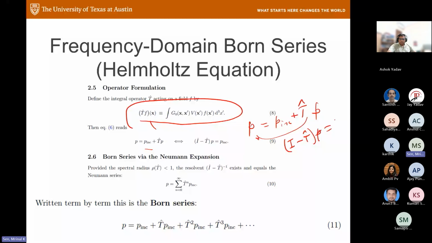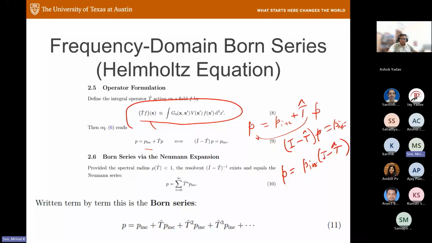So you can say that P equals your P incident times I minus T hat inverse. Okay. But remember, the T hat actually also has P in it.